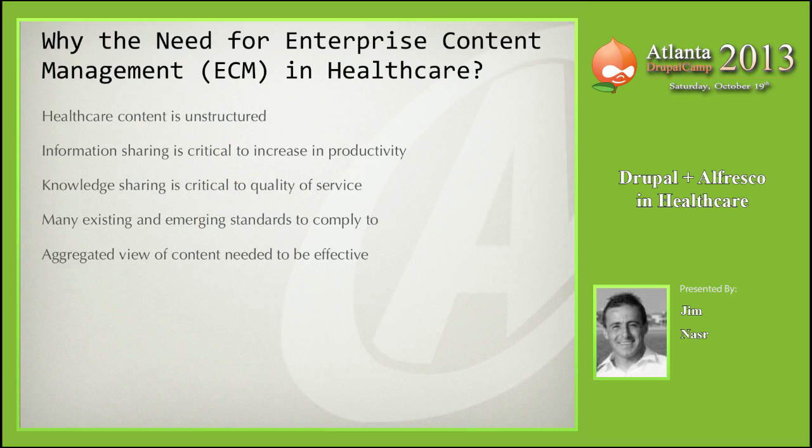And then going back to this whole idea, you may have heard of the one record or the longitudinal record for patient care. That's really the idea of an aggregated view of content, right? So it doesn't matter how many repositories you have. You could have your electronic medical records repository, your content management, your billing system in Oracle Financials or whatever. It's the idea that you have one aggregated view.